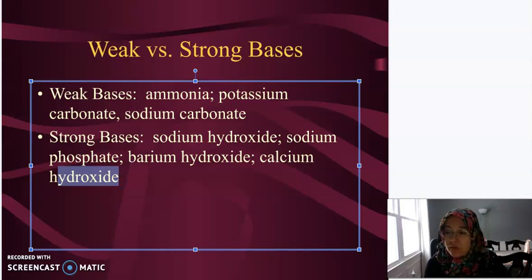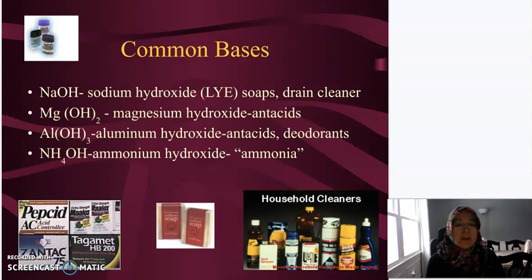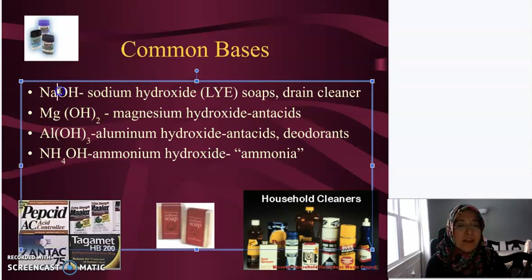Now I want to show you one common thing. Please look at all these common bases: sodium hydroxide, magnesium hydroxide, aluminium hydroxide, and ammonium hydroxide, which is also known as ammonia. Now remember the acids.